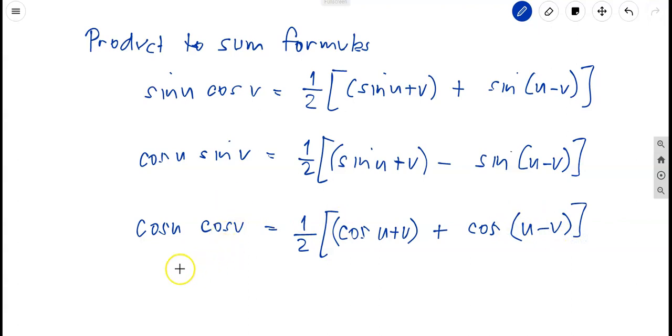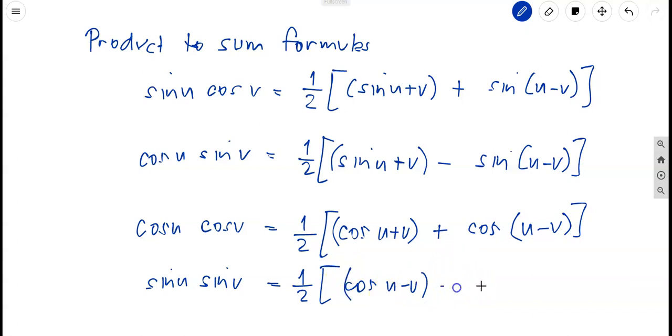The last one, we have sine u sine v equal to 1 over 2 times cosine u minus v minus cosine u plus v.